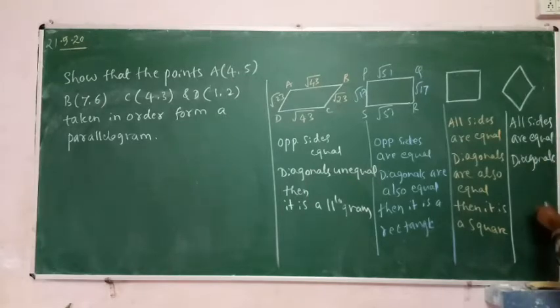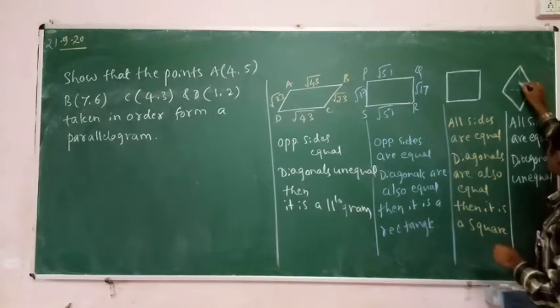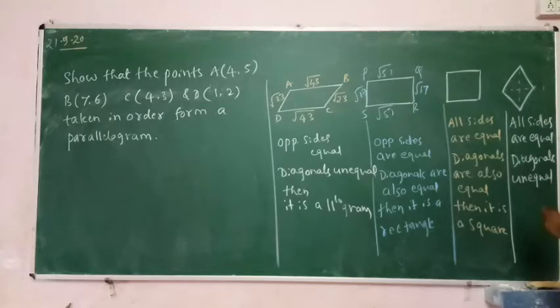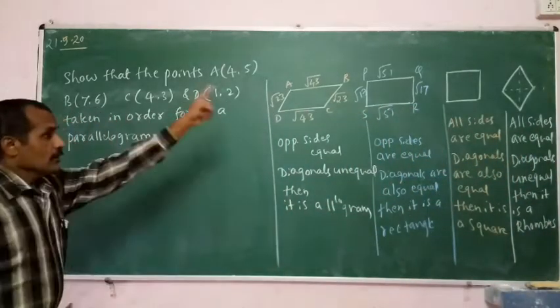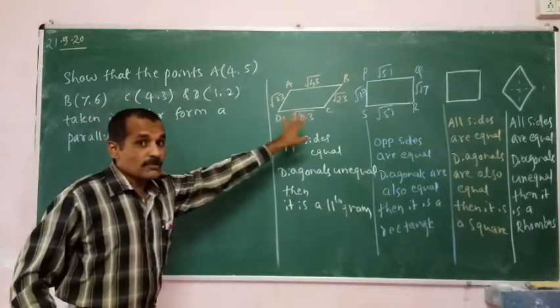Diagonals unequal. See, this is the shorter diagonal, this is the longer diagonal. Diagonals are unequal. Then it is a rhombus. In this way you can differentiate. Note all these things which will be helpful for you.